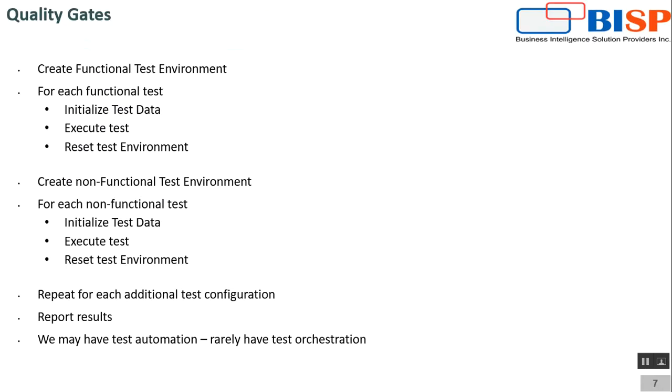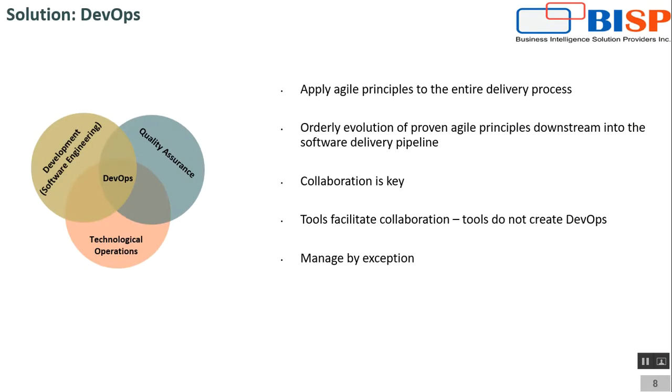DevOps is a combination of a couple of teams: the development team, the quality assurance team, and the operations team. DevOps itself is a combination of Dev and Ops, where Dev means the development team and Ops means the operations team. Why are we combining these streams into DevOps engineering?